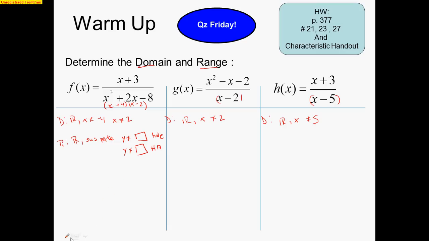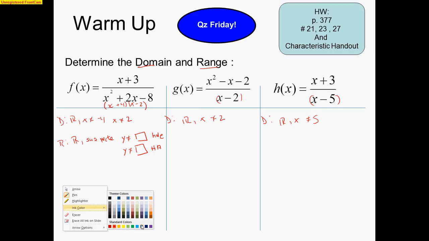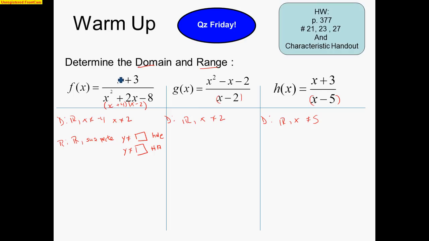So first I have to figure out if I have a hole or a vertical asymptote. As you remember, we did that by looking at the factors of the denominator compared to the factors of the numerator. Since there were no matching factors, both of my bad x's were vertical asymptotes. So since both of them were vertical asymptotes, I don't have any holes.